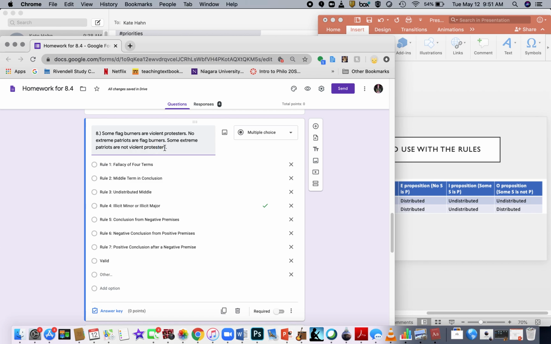And because it's distributed in the conclusion, it has to be distributed in the premise. So go up to your major premise, and you'll see it's an I proposition, and you might know by now I propositions are never distributed. Neither term is distributed, and so immediately you can see that the O proposition predicate, which is distributed, makes this an illicit major.